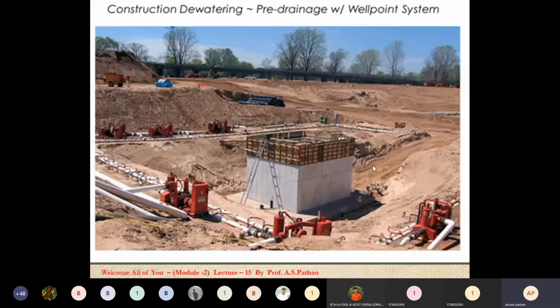This is the actual area where we want to construct bridge piers or any excavation for the foundations. This type of process for dewatering we generally have to follow in the case of big trenches or big foundations for any type of structures.